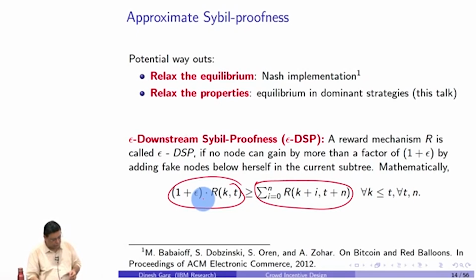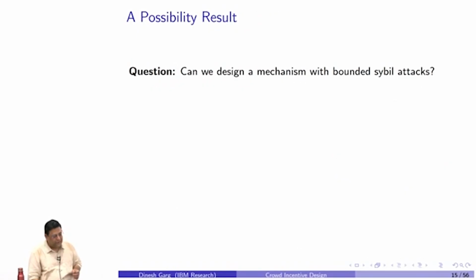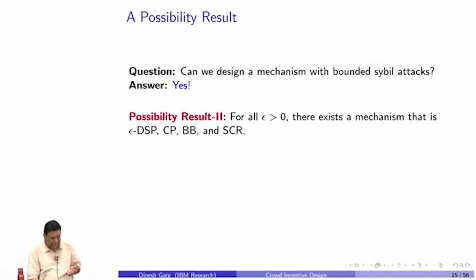Now, can we design a mechanism with bounded Sybil attack? Does one exist if I relax this property? Yes, there exists one. What it says is, for all epsilon greater than 0, there exists a mechanism that is epsilon DSP, collapse proof, budget balanced and strictly contribution rational, in the sense that all the people in the winning chain will get a strictly positive reward.